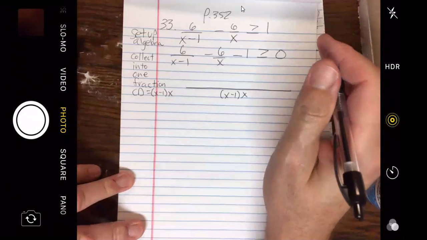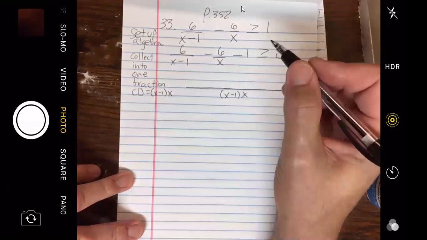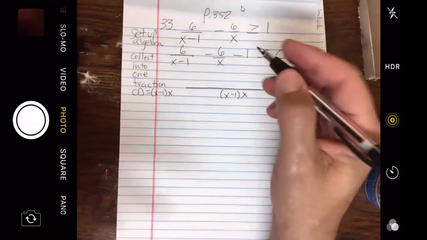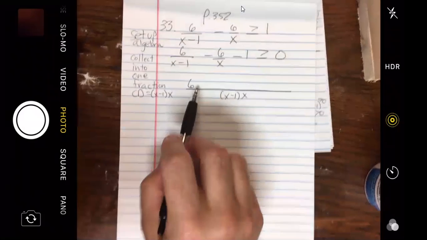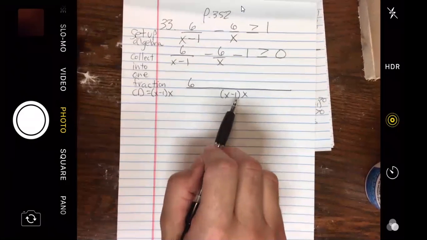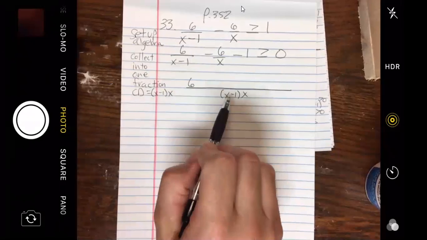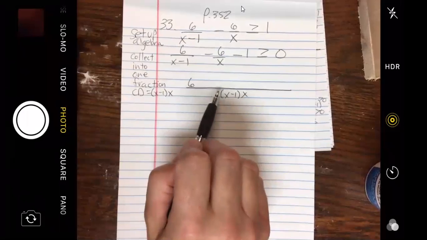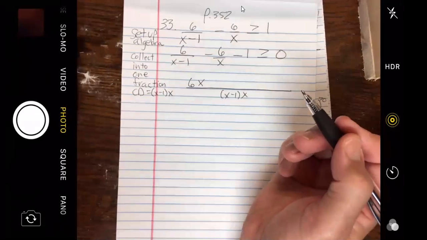You just got to imagine, you got your 6 here, what you would do to go from this back to this. Now you see you already have the x minus 1. All you need is an x.